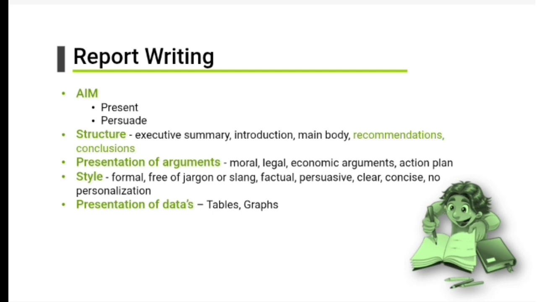The presentation of arguments within the report should cover moral, legal, and economic aspects, along with a clear action plan for improvement. The style of writing should be formal, devoid of jargon or slang, and focused on presenting facts persuasively.